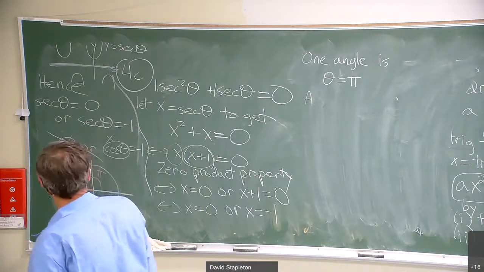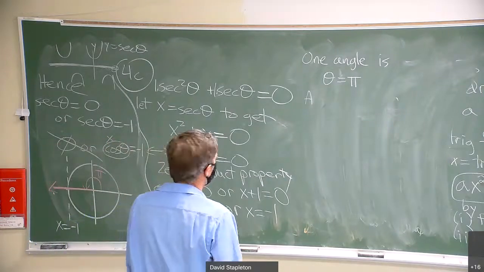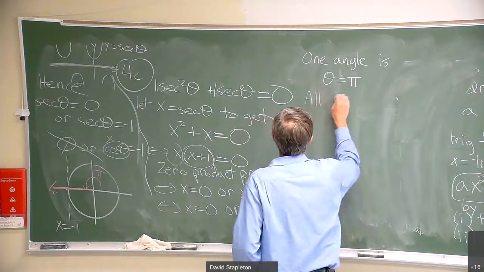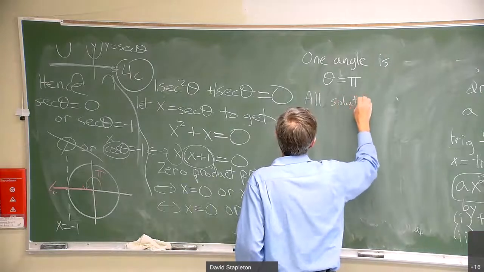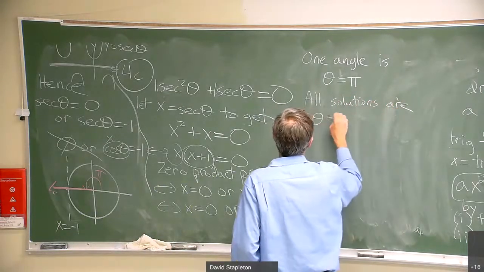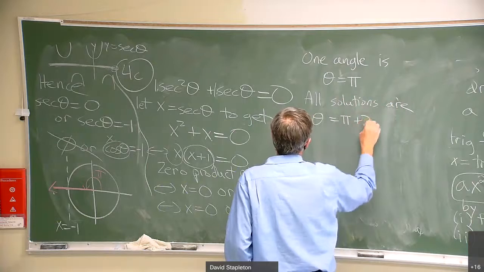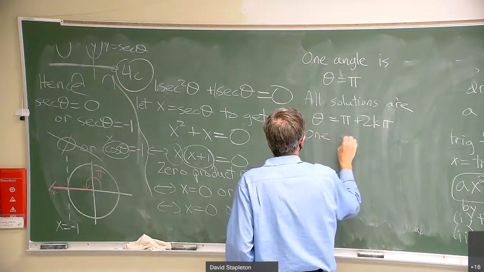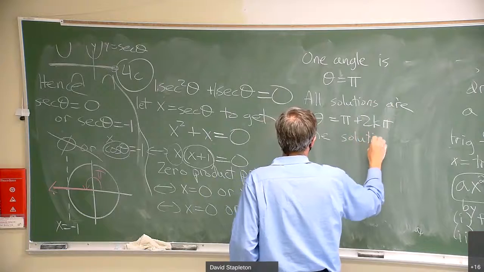Yeah, it said solve it for 0 to 2 pi. So all solutions are theta equals pi plus 2k pi, but there's only one solution in 0 to 2 pi.